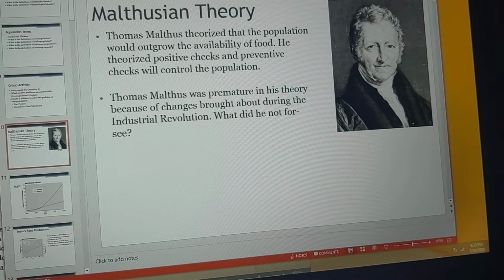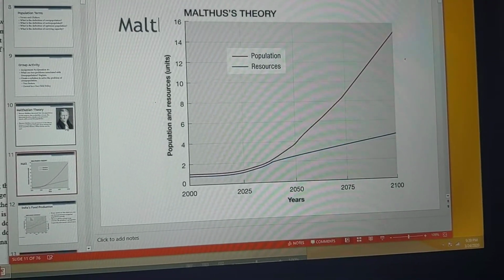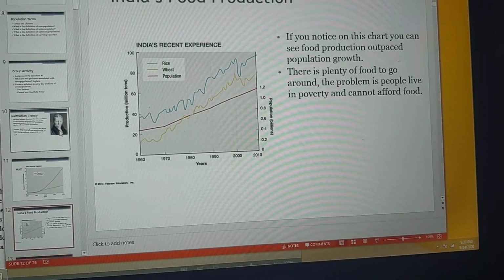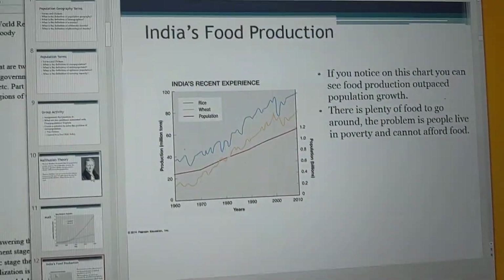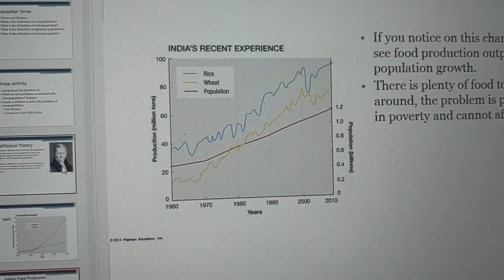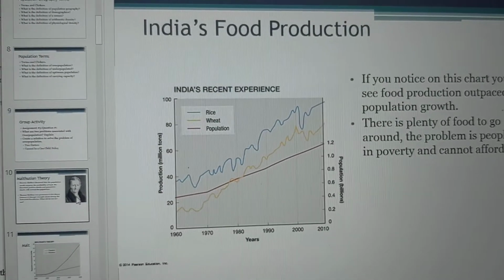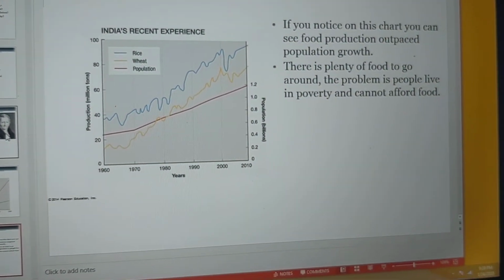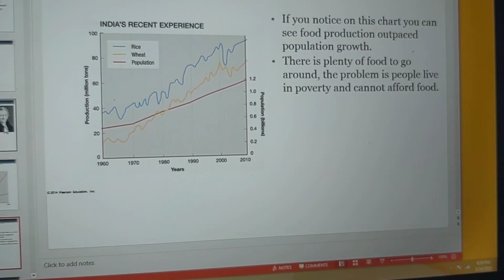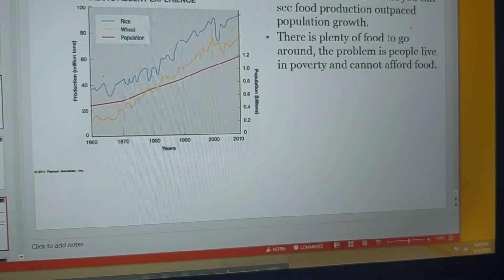And he didn't foresee that there would be greater output of food with technological advances. Because if you look at this right here, this is from India, you can clearly see that the wheat and the rice production are way beyond the population itself. You probably hear a lot of pundits saying, well, there's not enough food to go around. People are starving. There are people starving.